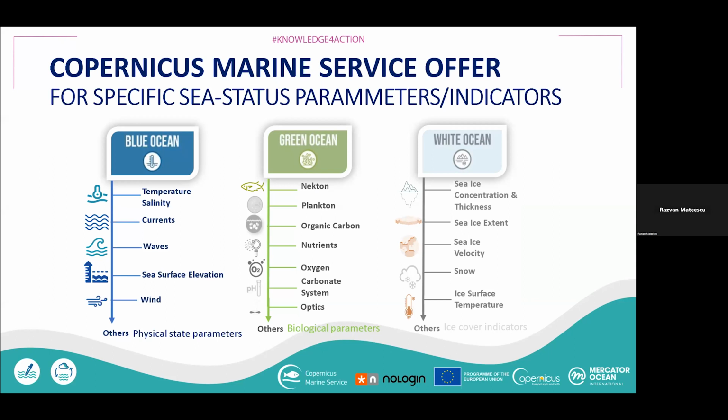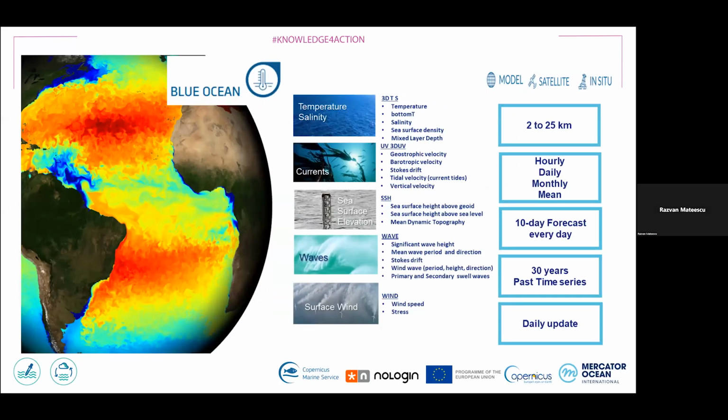In Copernicus Marine Service, you'll find the specific sea status parameters or indicators in 3 domains. So we have physical state parameters for blue ocean, biological parameters for green ocean, and also white ocean in relation with ice cover parameters and indicators specific for these northern areas.